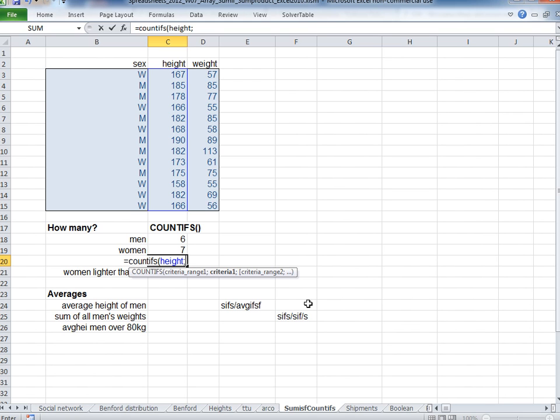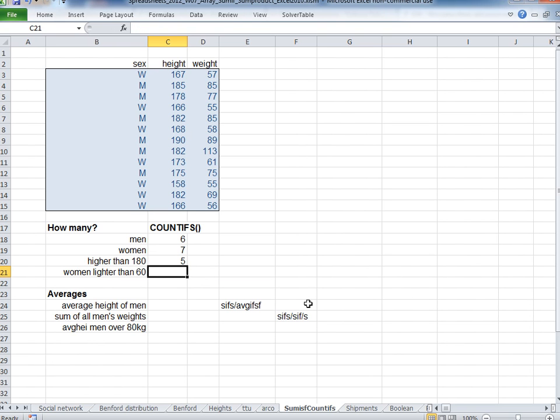In order to do that, we put quotation marks, bigger, 180. So this is kind of an exception in Microsoft Excel, we could say, because usually things like bigger, smaller, these are not in quotation marks, but this one is. So let's press enter, and we get to know that there are 5 people like this.